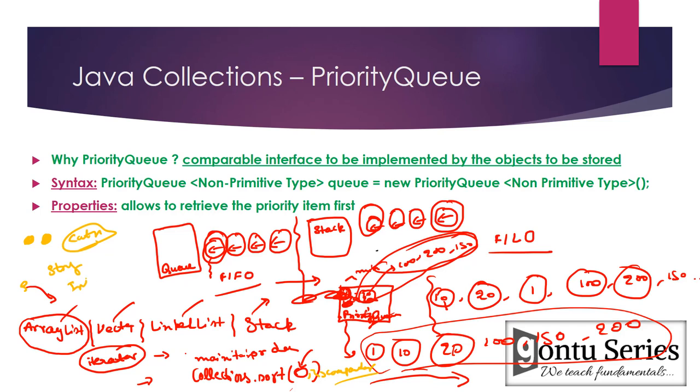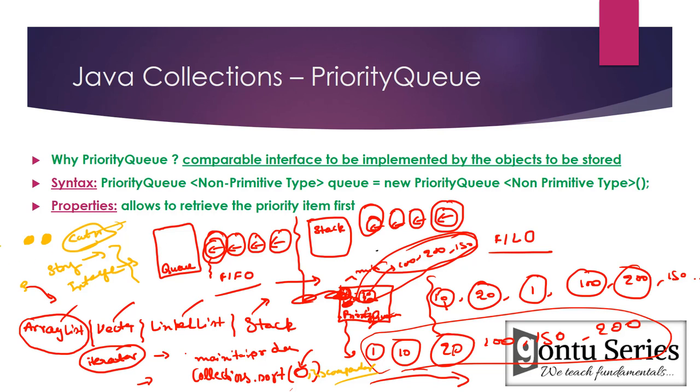And in case of a String object or an Integer object, the JDK people have given you the String class and Integer class, and inside these classes they have already implemented the Comparable interface. So there's no need for you to worry. Only in case of a user defined object do you have to worry about whether to implement Comparable or to use the Comparator interface.